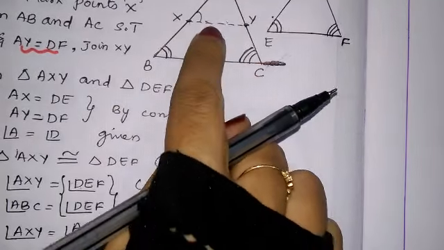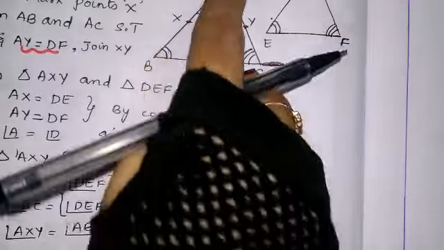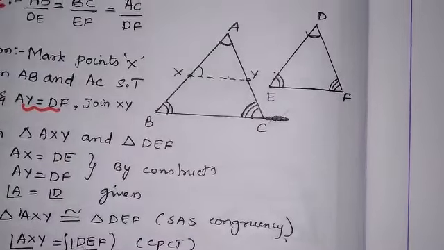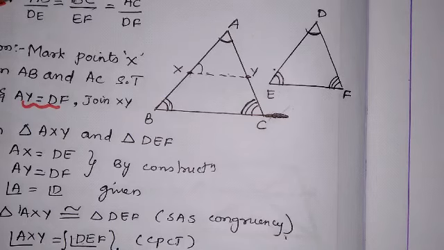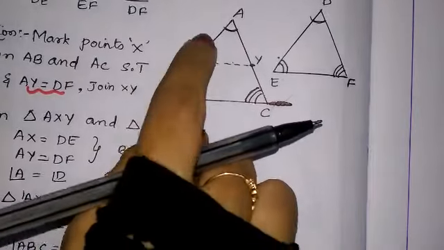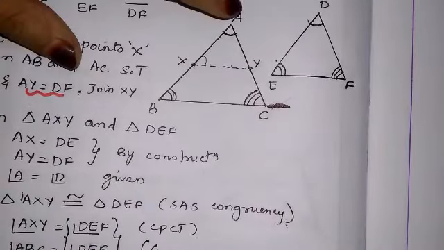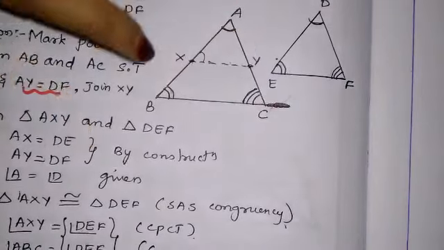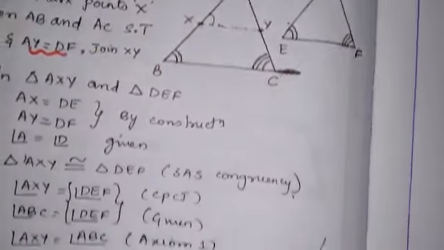So when we have parallel lines, then we know that their corresponding sides are in proportion. We should focus on what we have to prove. To prove, we can see AB by DE we have, but according to the figure what will we get? AB by AX, AC by AY and BC by XY.